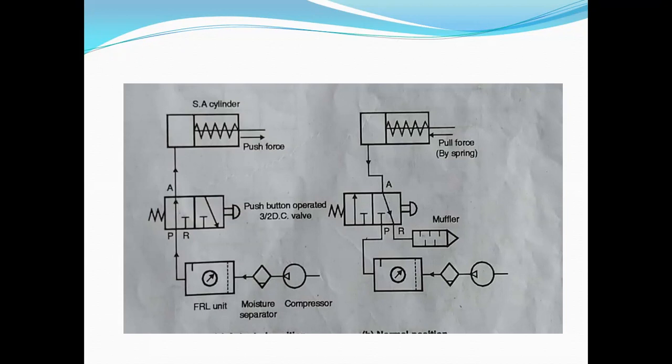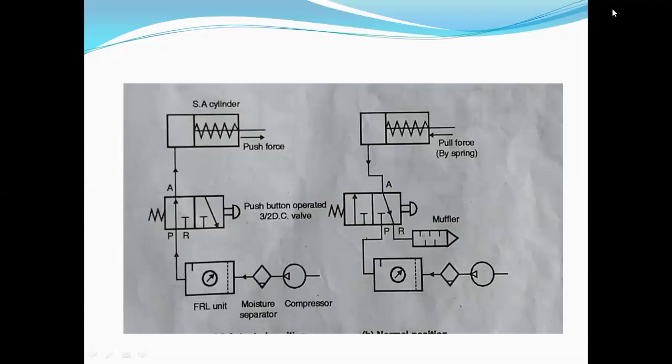Okay, similar to the power pack unit installed in the hydraulic circuit. In a hydraulic circuit, the power pack unit consists of the tank, pump, filter, motor, and pressure relief valve. All those components are considered the power pack unit in the case of a hydraulic circuit.